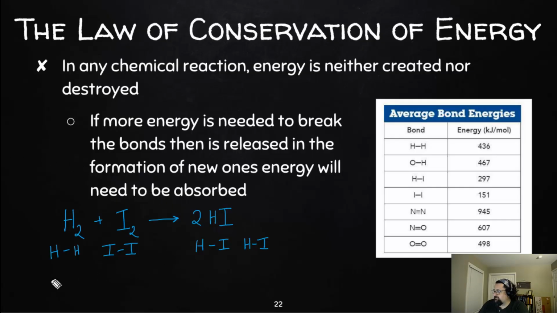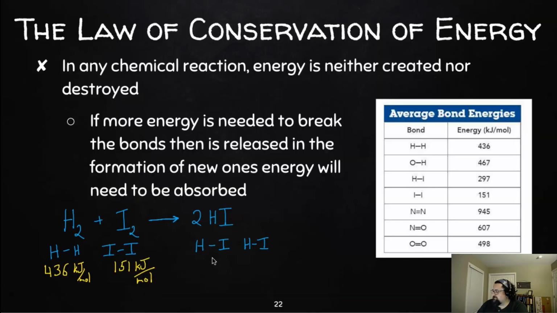And so when we talk about that, H-H has a bond energy of 436, and it's kilojoules per mole. All right, and then I-I, right, iodine has a bond energy of 151. And again, the same thing, kilojoules per mole. Okay.